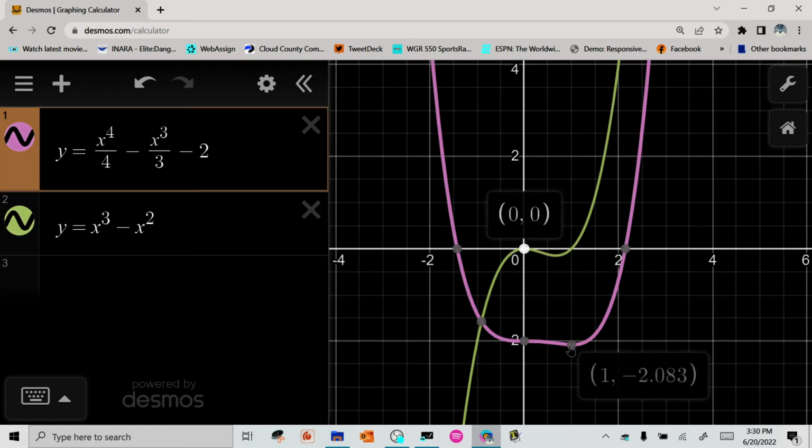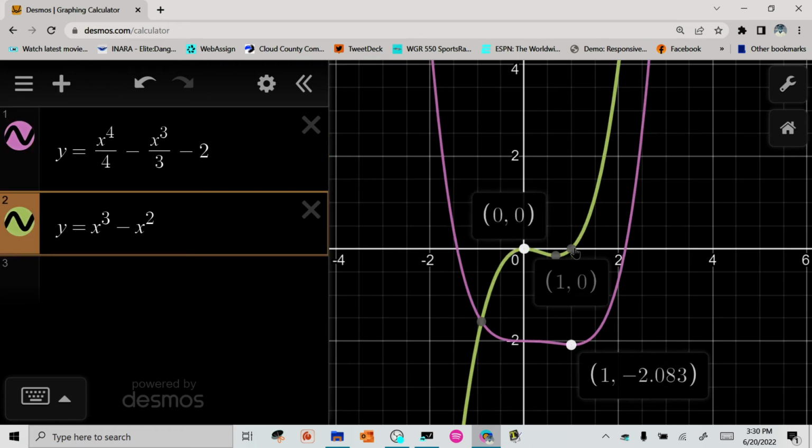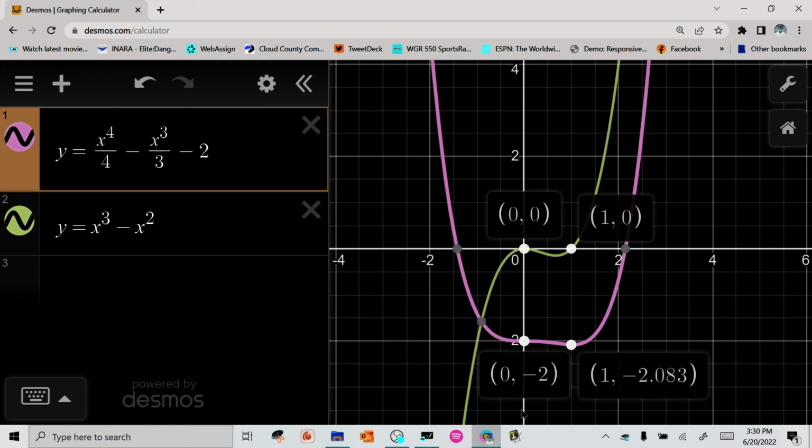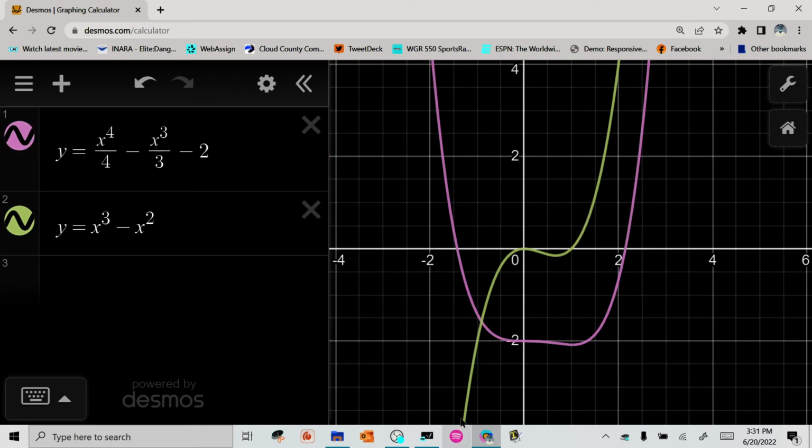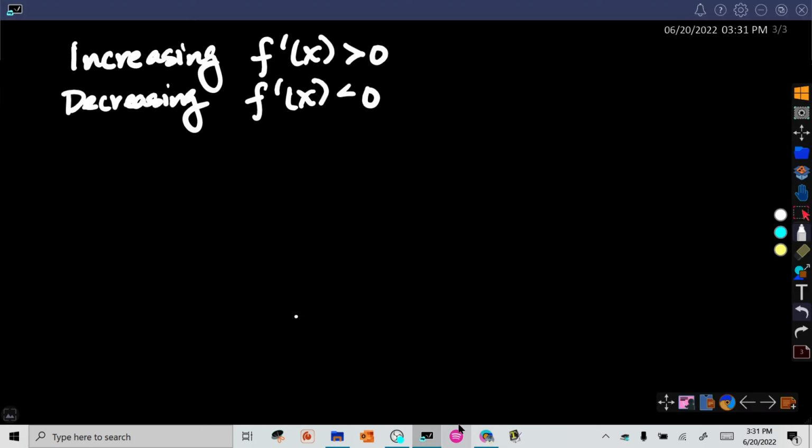This one down here, 1, corresponds to where it crosses the axis right there. So again, same idea. Now you can see how they're tied together. The 0 and the 0 tie together, the 1 and the 1 tie together, and now we just look at the green function here. Wherever it's below the axis is where it's negative. So right here, it's decreasing, it's below the axis.